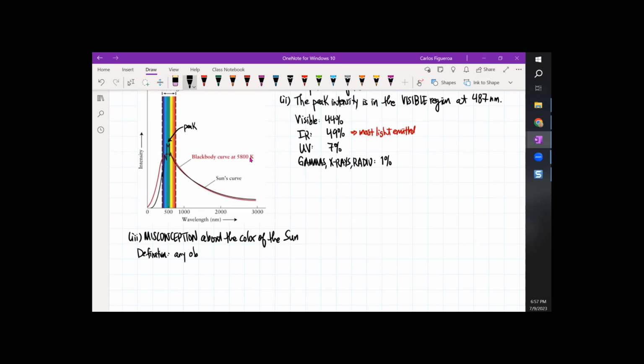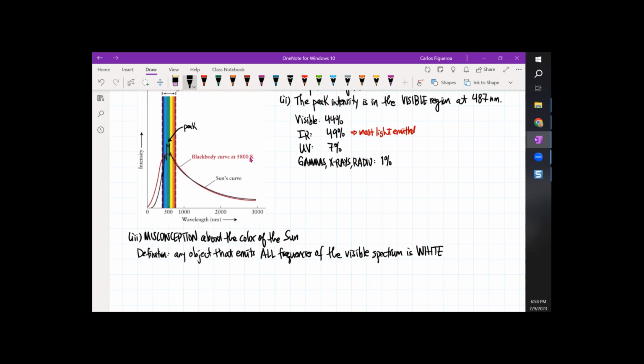Any object that emits, and this is crucial, all frequencies of the visible spectrum is white. This has nothing to do with the sun.